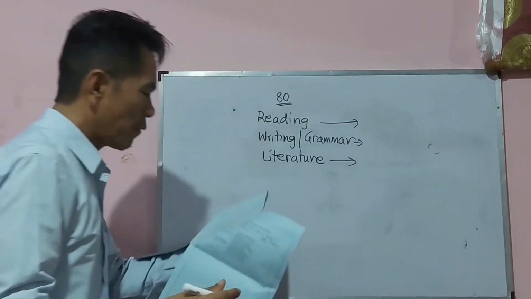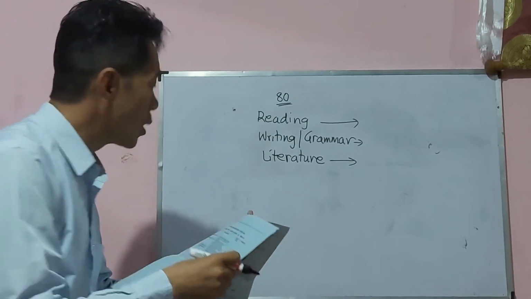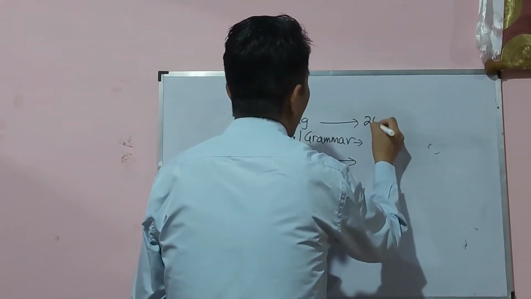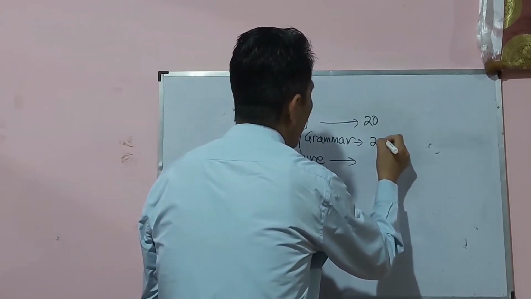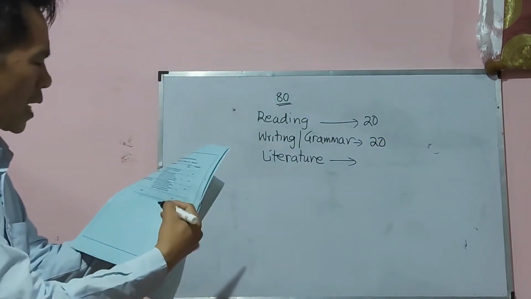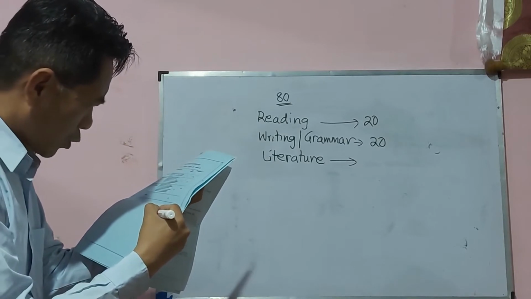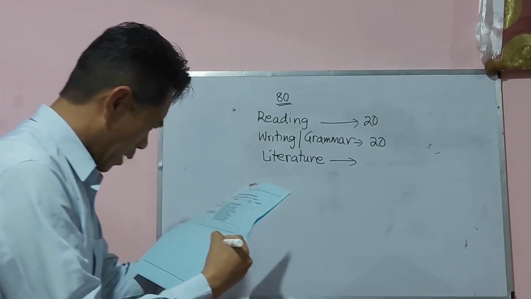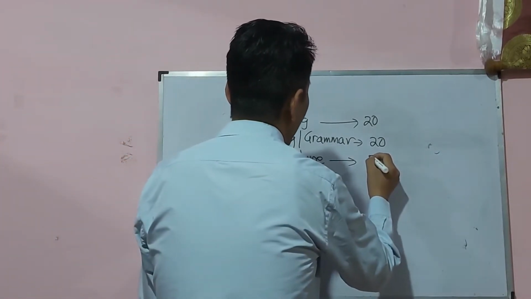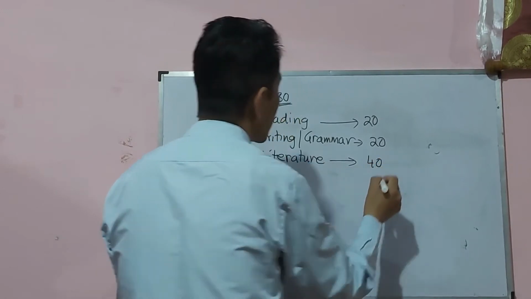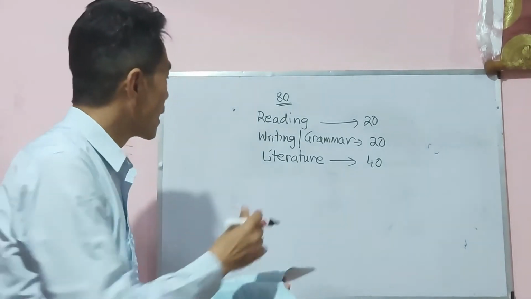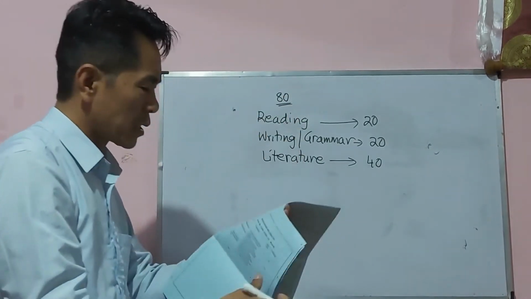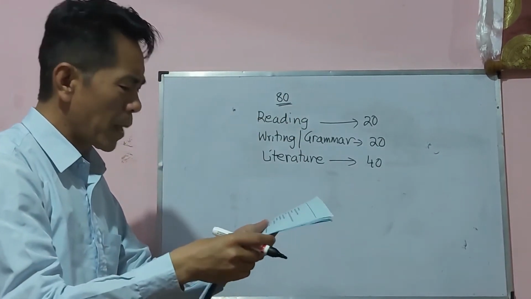Now, if we look at the mark distribution, for reading we have 20 marks. For writing and grammar, we have 20 marks. And for literature, we have 40 marks. So how many? We got 80. I'm going to dissect this so that you will get some idea.